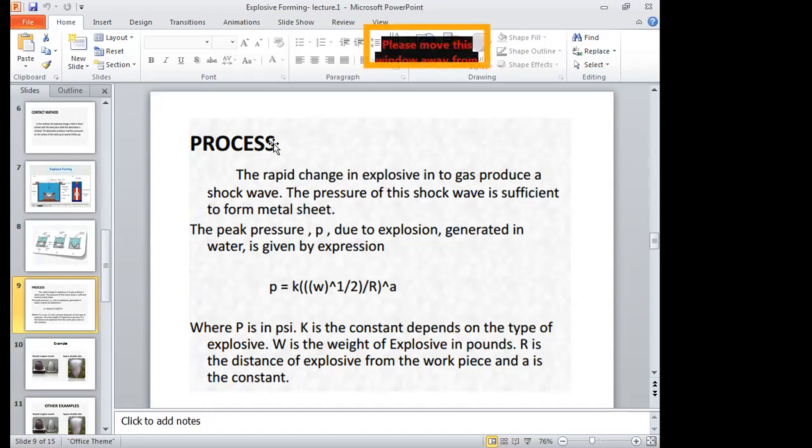The peak pressure P due to explosion generated in the water is expressed by the formula: P equals K times W raised to 1 by 2, bracket close, upon R raised to A, where P is in psi, K is a constant that depends on the type of explosive, W is the weight of explosive in pounds, R is the distance of the explosive from the workpiece, and A is a constant.